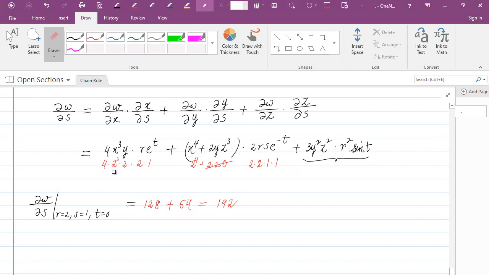So from here we would be getting 128. From the second summand we are going to get 64, because this would be 2 to the 4 multiplied by 2 squared, so that's 2 to the 6, which would be 64, and if we add them we get 192.